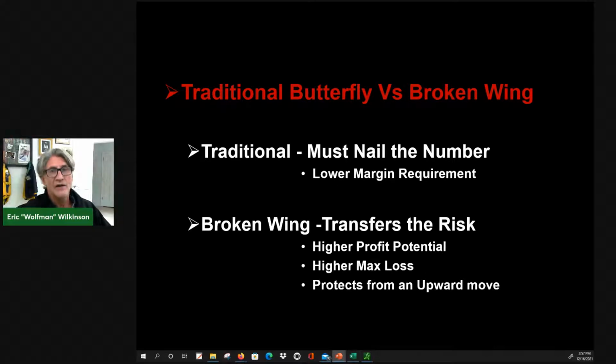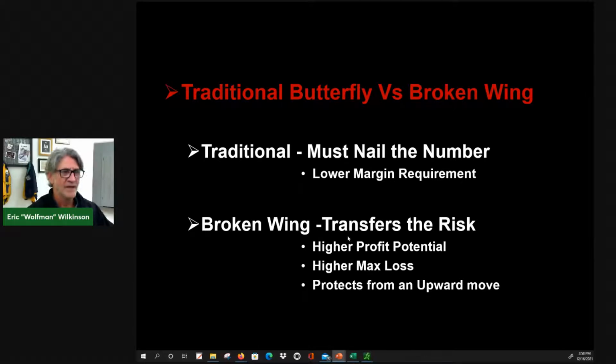But on the flip side, you have lower margin requirements. You also have a little bit lower risk on the downside because you're not risking as much money. But with that said, you also have less reward, as we saw, 1,500 versus the 2,000. So that's the levers and pulleys I was talking about with the risk rewards there.